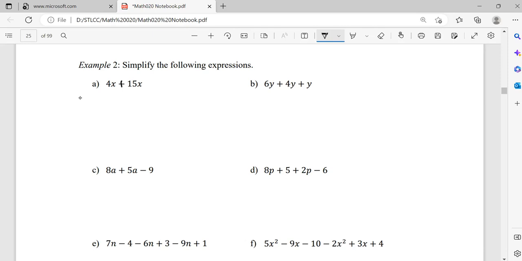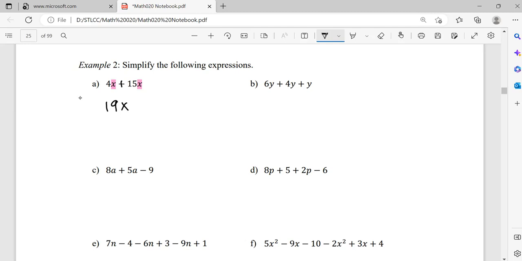Let's double check. We have like terms because both 4x and 15x have the same variable, x. So that is my like term. When I combine, I keep the like term and add the numbers. 4 plus 15 gives me 19, so 4x plus 15x gives me 19x.